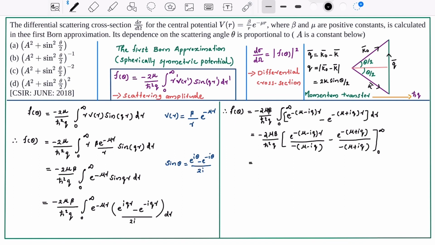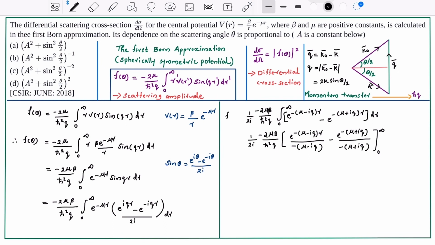There is a 1 by 2i factor missing. Actually f(θ) is equal to minus 2μβ by ħ² q into 1 by 2i integral 0 to infinity e raised to minus μr, e raised to iqr minus e raised to minus iqr dr. So let us include the missing 1 by 2i there.